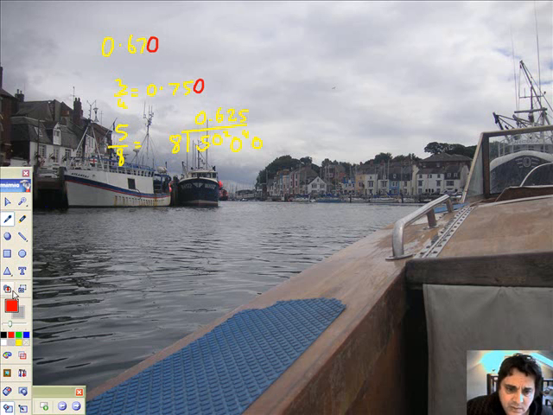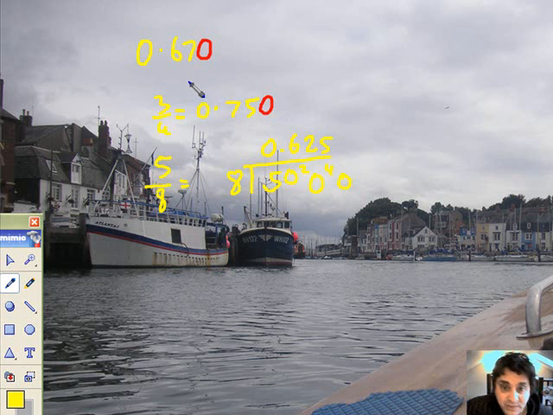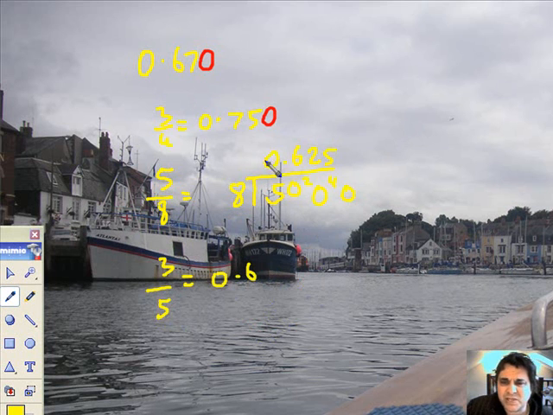Alright, so I think you can see that 0.625 is pretty close to 0.67, and it's a lot nearer than 0.75 is to 0.67. Anyway, the last one, working down here now, 3/5. Well, that's dead easy. That's just 0.6. Let's have a look at them. I've got 0.6, 0.625 and 0.75.